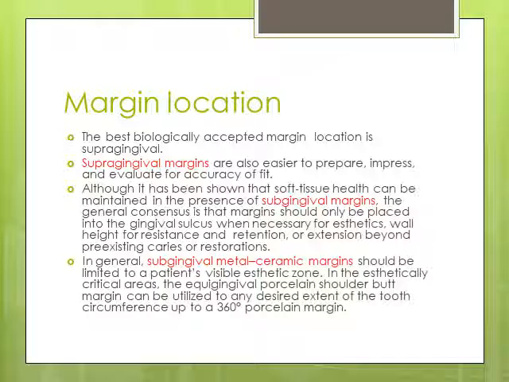Sometimes aesthetics is not the only reason for making subgingival margins. Sometimes we need subgingival margins in order to elongate the crown for better retention, or to place the margin beyond the restoration or caries, on sound tooth structure. So we need to make the margin subgingival.